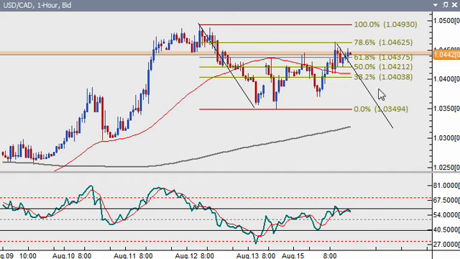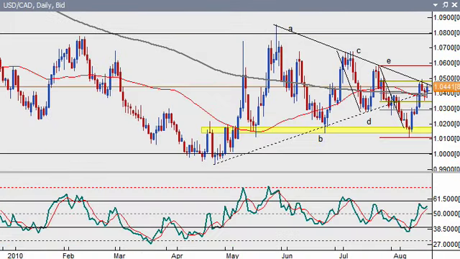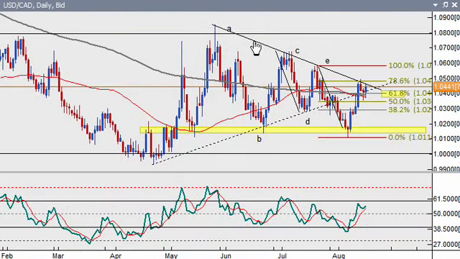Okay, so that's the 1-hour time frame. This consolidation could be over. It could be A, B, C, D, E, and that could be an end of a pattern. So looking at the daily, what we see is also the market testing an important resistance area. Here it came up to 78.6%.